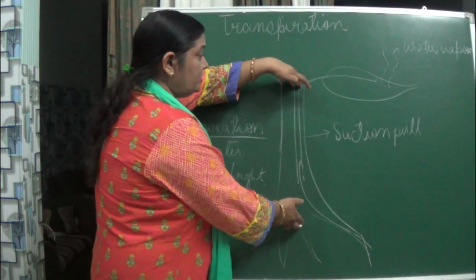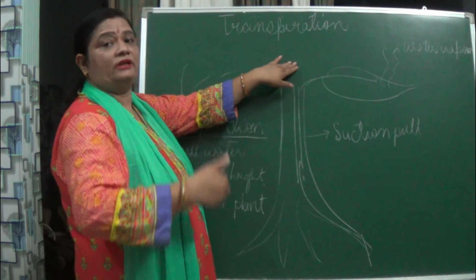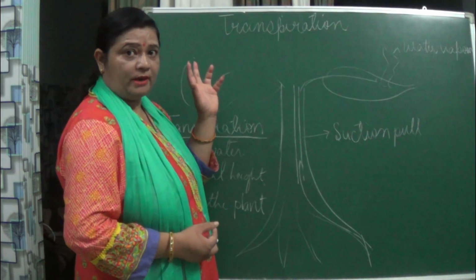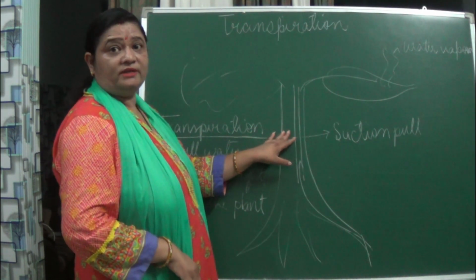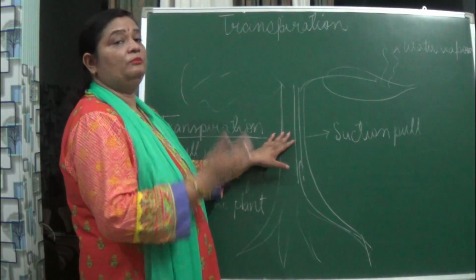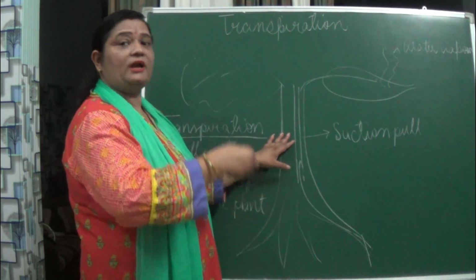And what is that suction? Suppose you are drinking a soft drink with a straw, your mouth acts as the aerial part, and the straw acts as the what? Xylem vessels, and the drink which you are drinking, or it may be water also, is coming up through that.